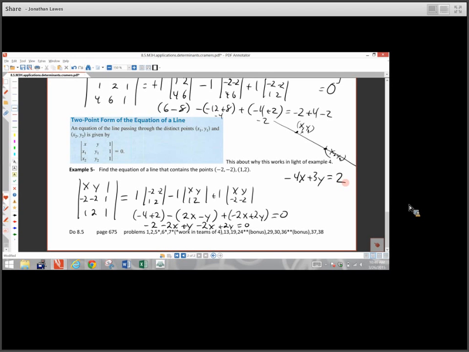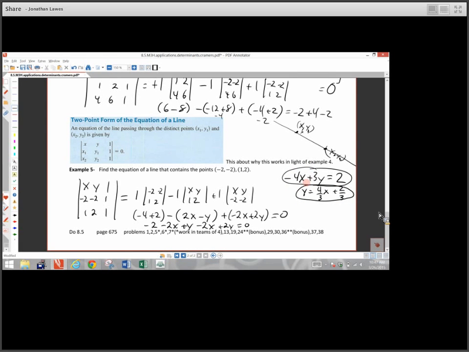Okay. Let's put this in slope-intercept form so we can recognize it a little bit more easily. So this is going to be y equals 4/3 x plus 2/3. Correct me if I'm wrong. Okay, there it is in slope-intercept form.